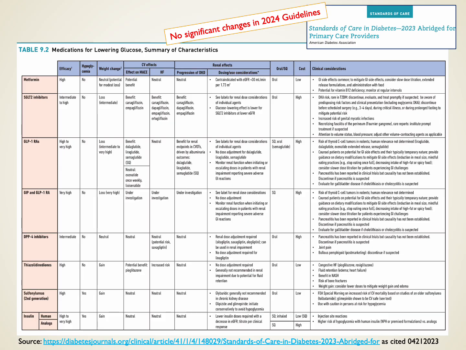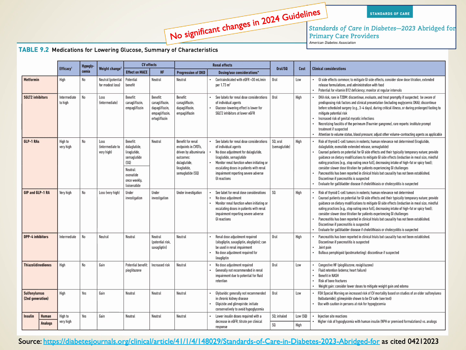I'd encourage you to look through the latest standards of care for diabetes, and particularly the abridged version. In the abridged version, which is easier to read, it's really important, I think, to go through the entire document as best you can, and then really focus on the two major tables in the document in chapter or section 9.